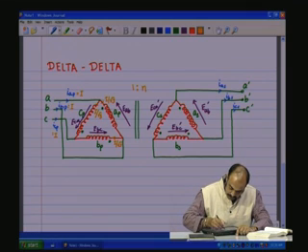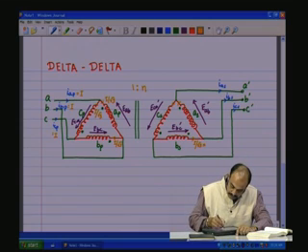So, we will put the direction like that. Now, all have value I by root 3 n.